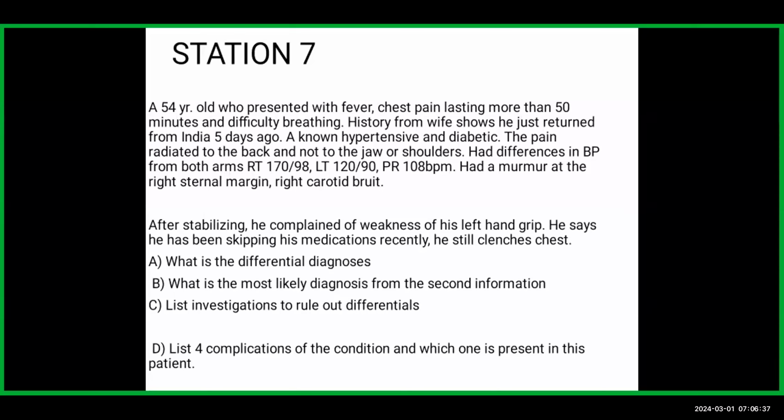I didn't mention that the murmur the patient has may be an aortic regurgitation, a diastolic murmur, which can be a complication, an untoward feature of aortic dissection. So that ties the diagnosis to aortic dissection.